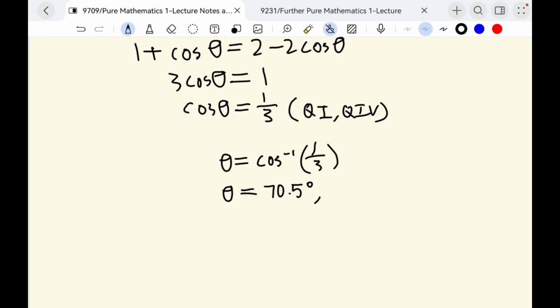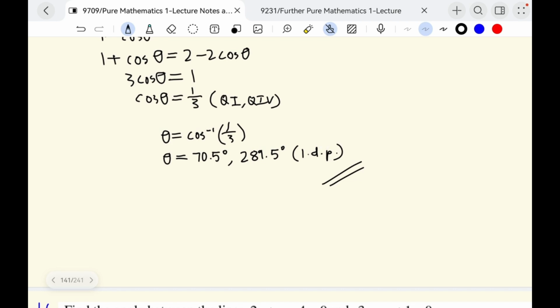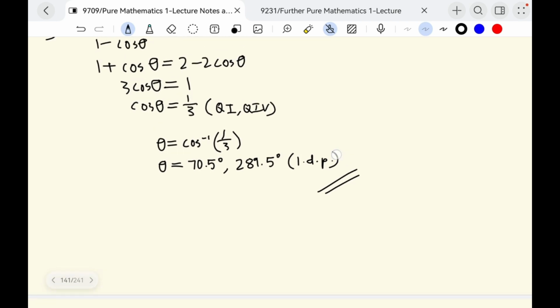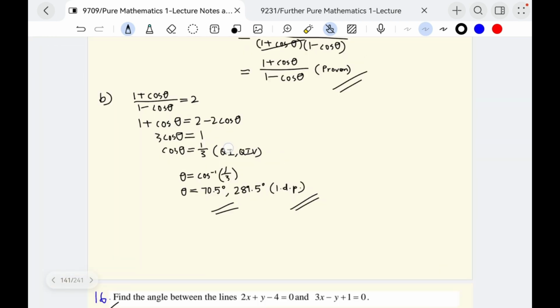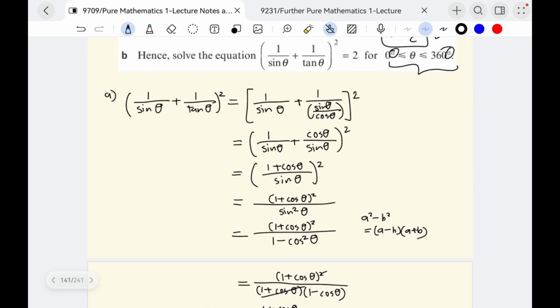So by right, you will get 289.5. Okay, for the standardized answer the angles must be in 1 decimal place only, no matter how much of its angle. Alright, so there are 2 solutions over here. So, okay.